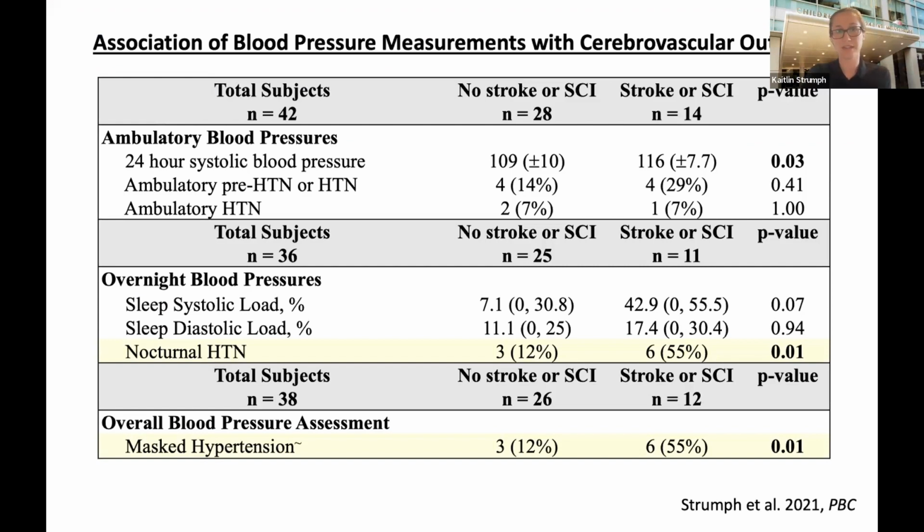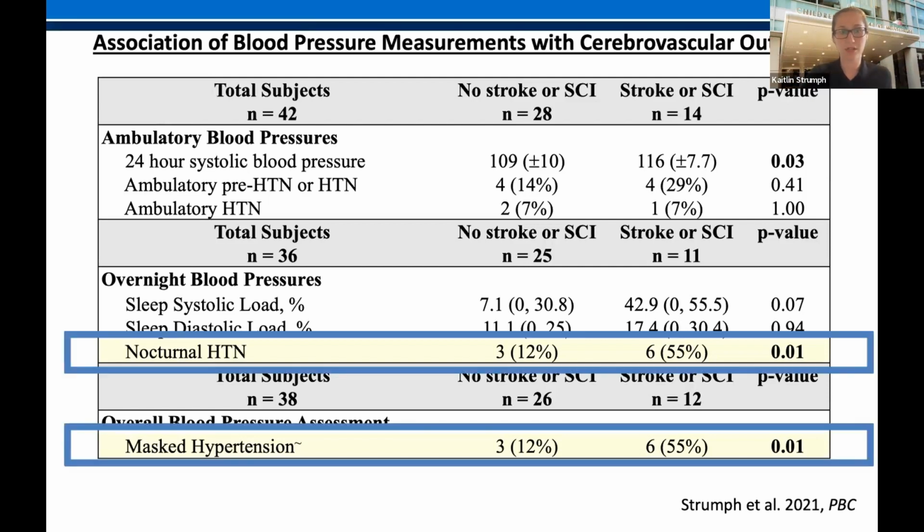So this is looking at the association of those blood pressure measurements that I was just talking about with cerebrovascular injury. In particular, if you just look here, this is looking at nocturnal hypertension and masked hypertension. You can see patients who had nocturnal hypertension had higher odds of having a stroke or a silent cerebral infarct when we looked at imaging within a year from the ambulatory blood pressure monitoring.